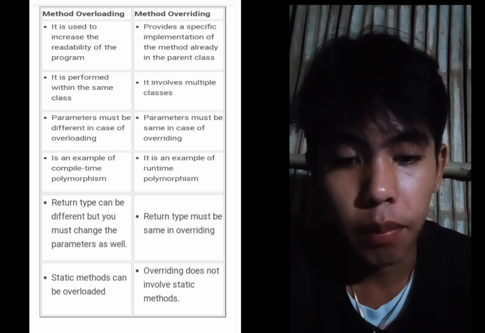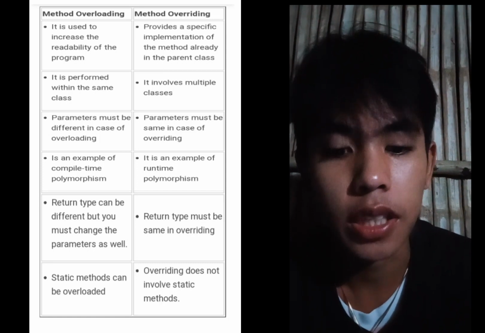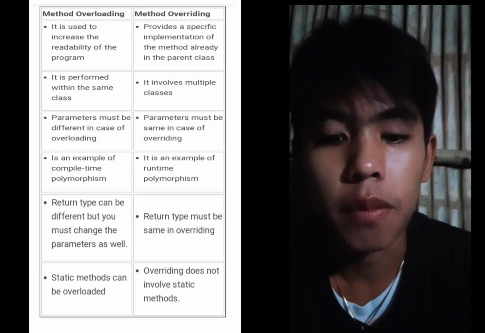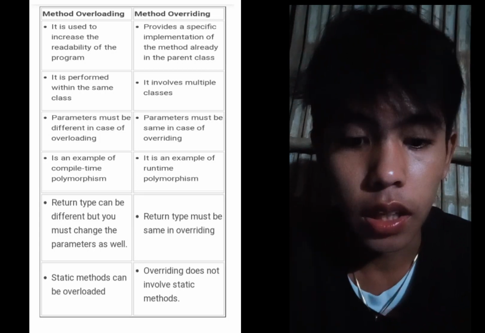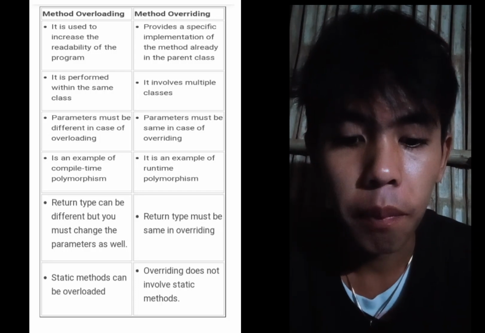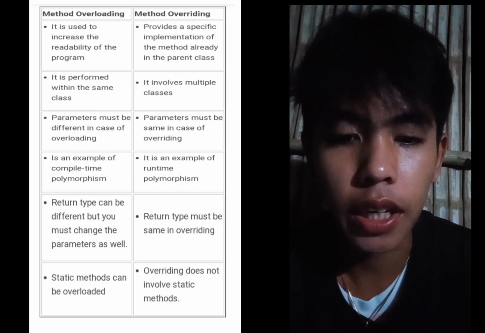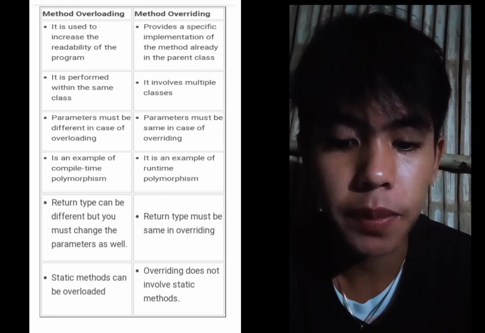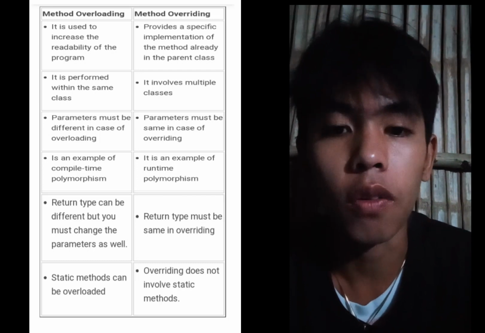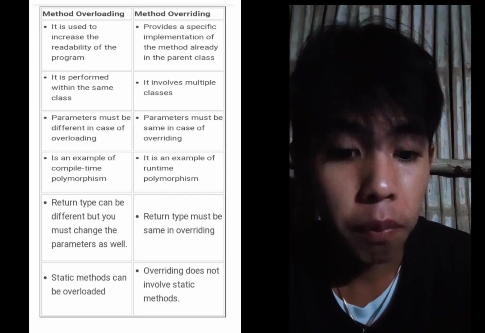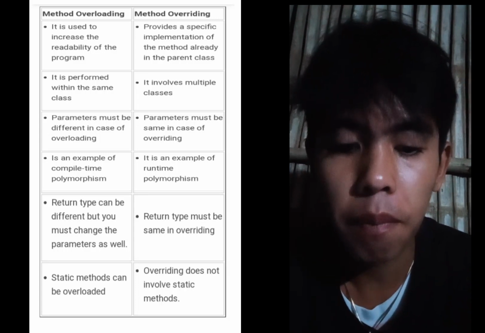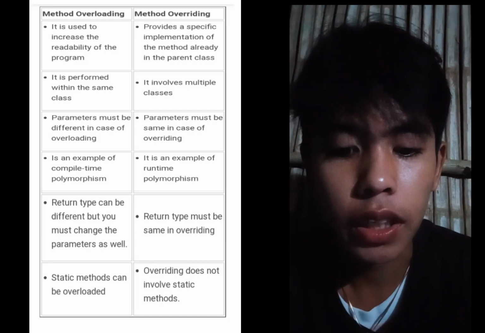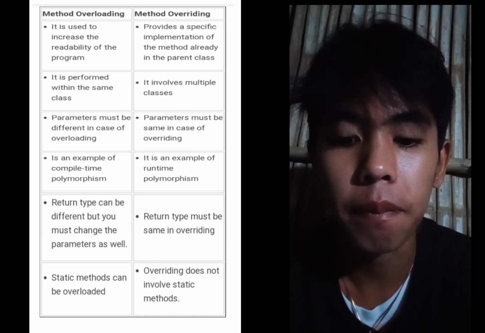Method overloading is performed within the same class, while method overriding involves multiple classes. In overloading, parameters must be different, while in overriding, parameters must be the same. Method overloading is an example of compile time polymorphism, while method overriding is an example of runtime polymorphism.